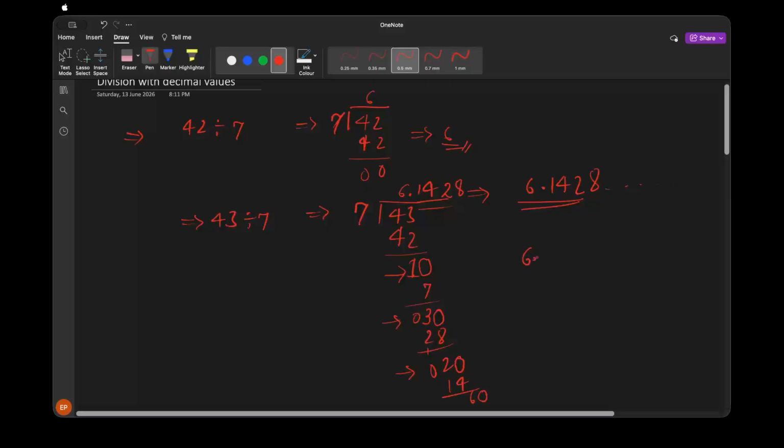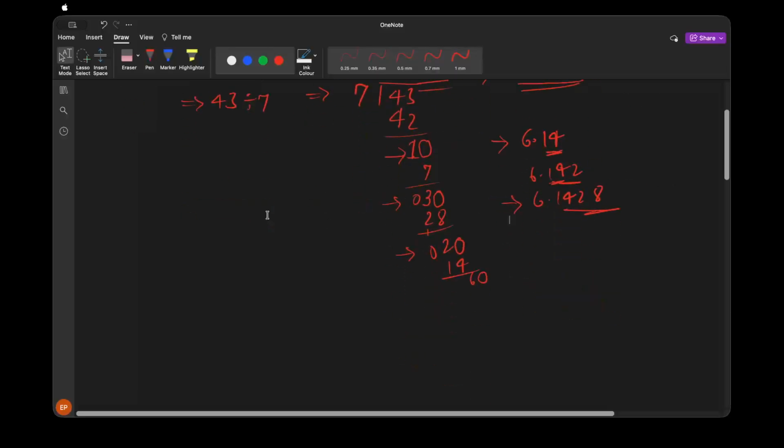So the answer can be 6.14 or 6.142 or 6.1428 based on the number of digits after the decimal. Usually many of the problems will be on 2 digit precision and sometimes 3 digits. Usually 4 digits will not be there, but for knowing purposes I am explaining these things.